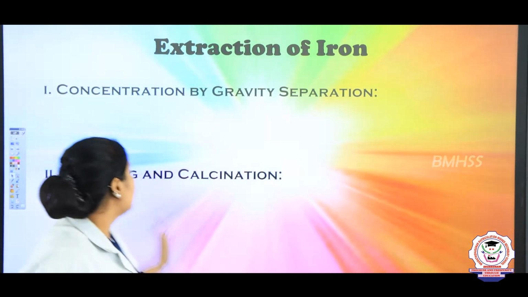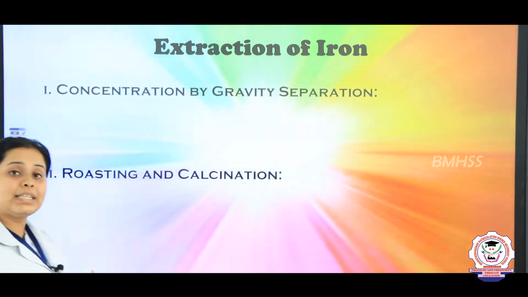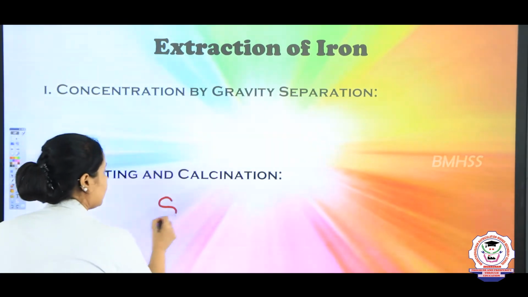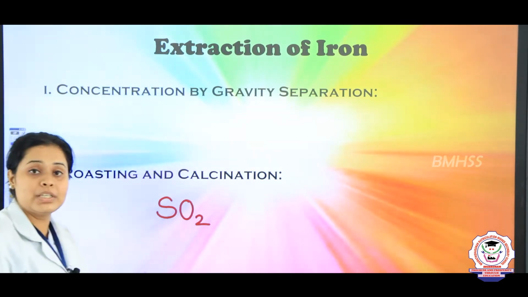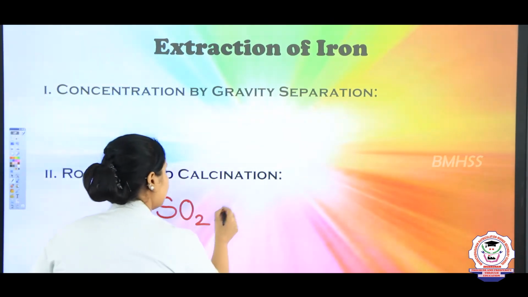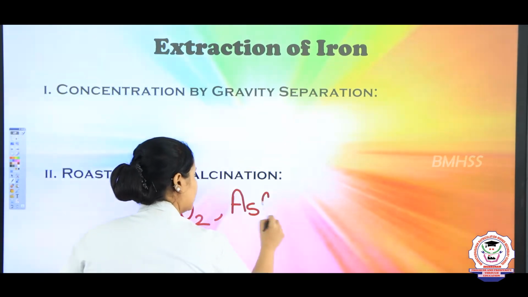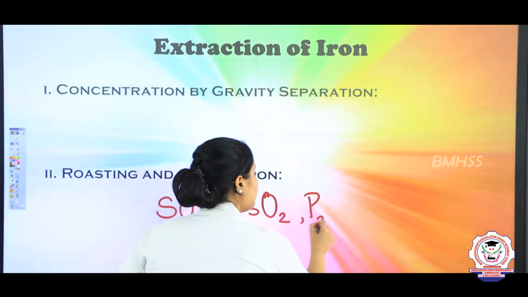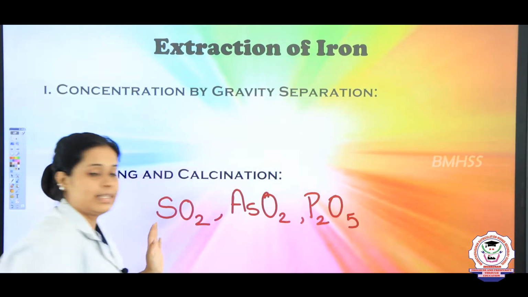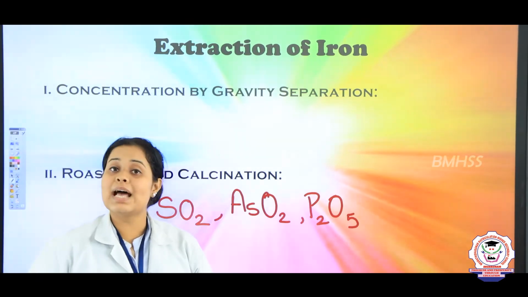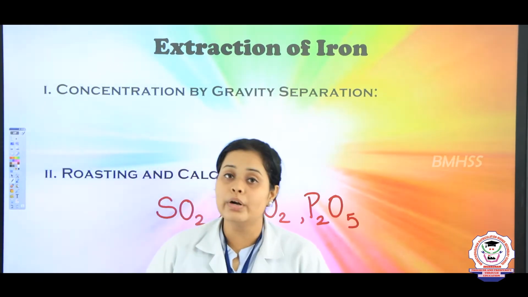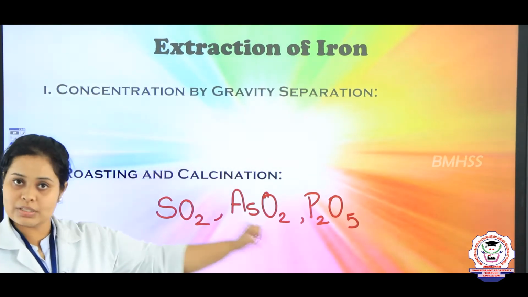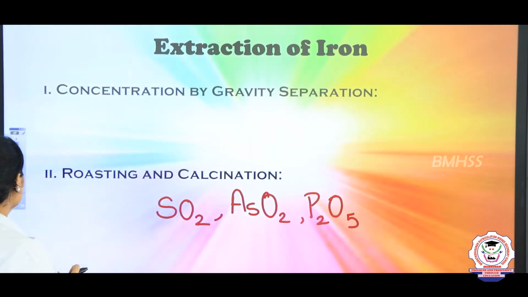When you do roasting and calcination, 3 types of substances get removed: sulfur oxide, arsenic oxide, and phosphorus pentaoxide. These 3 impurities present in your ore get separated in this process. Now you take your substance to the next process.